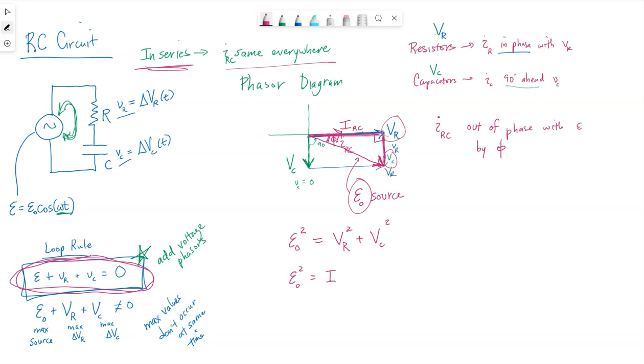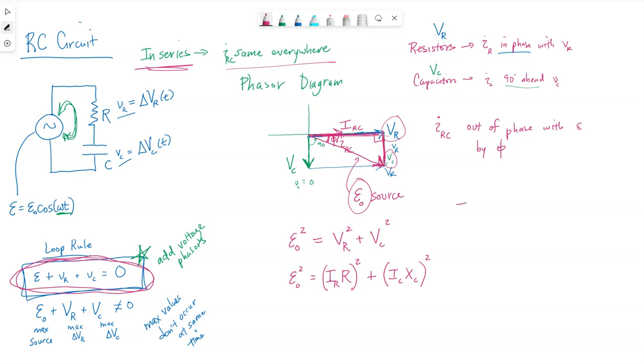When we talked about resistors alone, we said that capital V was the current through the resistor times the resistance. So I can plug that in and then square it because of the Pythagorean theorem. For the capacitor, the maximum current times X sub C would represent V sub C.